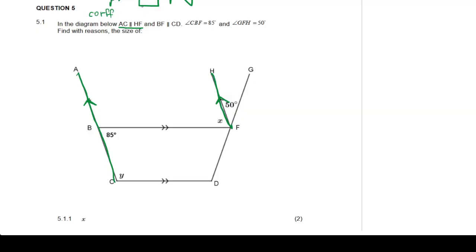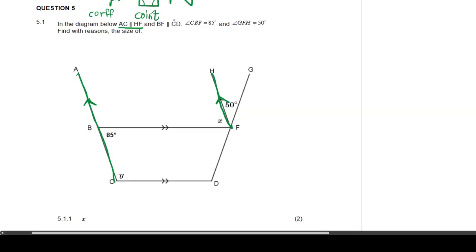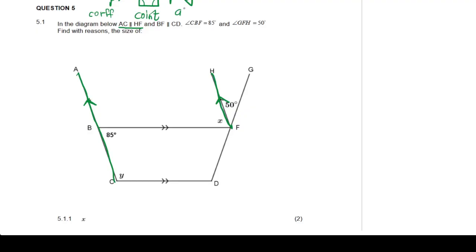This one here is the co-interior angles, where the co-interior angles are supplementary, meaning they add up to 180. And then this one here, you can say Z's or alternate angles, because the N is just also a Z turned around. So you can say Z's. So F's, co-interior, Z's. Yeah, that's for the parallel.